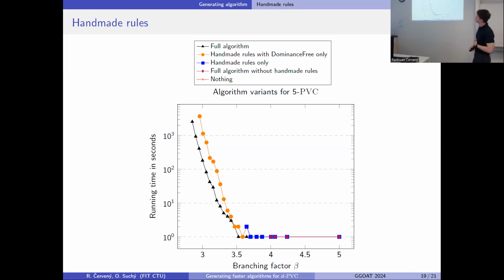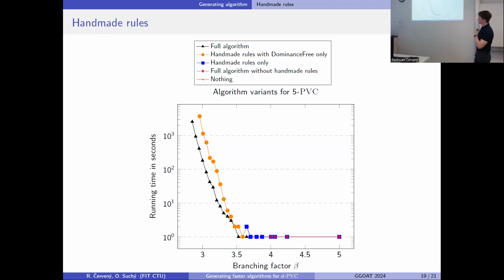It does not do much. If you do the full algorithm without something I call handmade rules, I will get to that, you again will not go far. But if you just use the handmade rules, again you don't get far. You need everything. It's probably the algorithm is bad. You need everything.